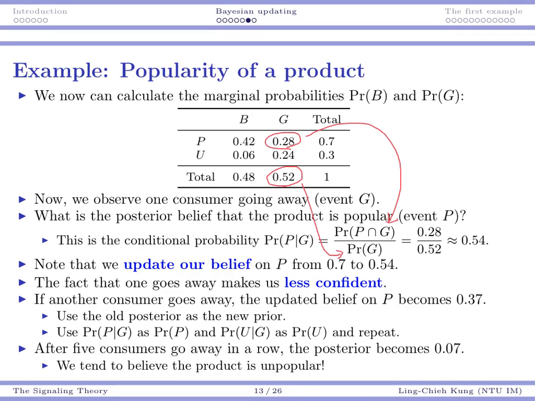Okay, after 5 customers go away in a row, the posterior belief will directly go down to 7%. Okay, if our product is really popular, it should not be the case that 5 consumers go away in a row. That means we now have a very strong belief that the product is really unpopular.